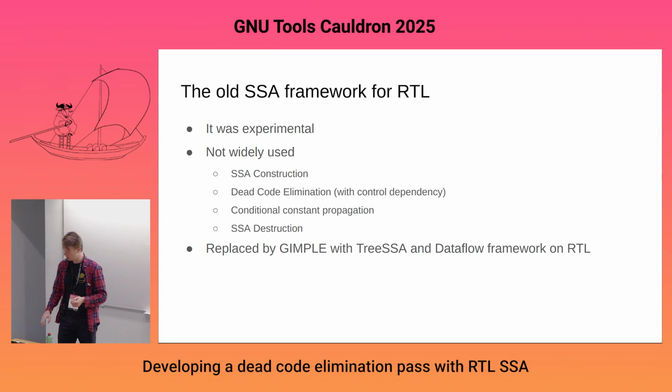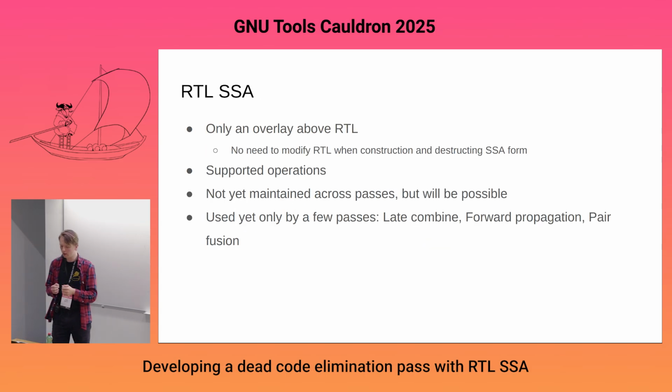RTL. However, the new SSA framework is only an overlay above RTL. There is no pass for construction or destruction, and it doesn't modify RTL when it's constructed. So I think it's a good feature, and the framework is not widely used.